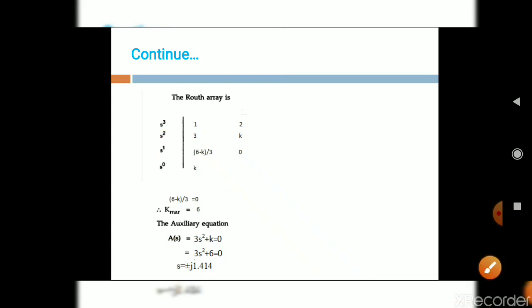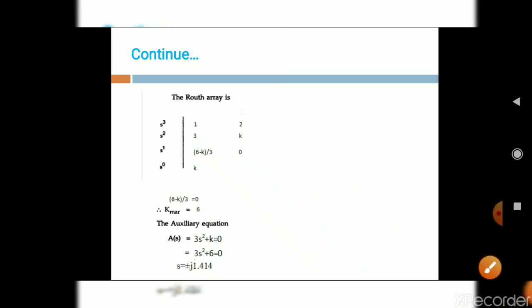Take the upper row of the 0th row, that is the auxiliary equation, A(s) equal to 3s square plus k, which is compared to 0. Now I can put the value of k, so 3s square plus 6 is equal to 0.